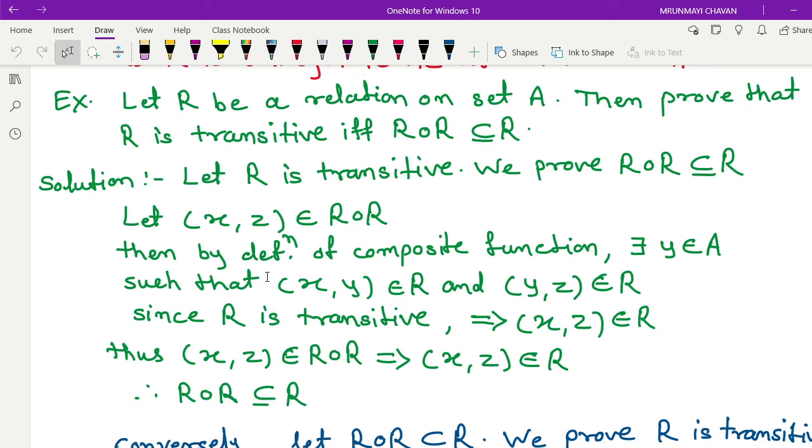So first let us take R as a transitive relation.